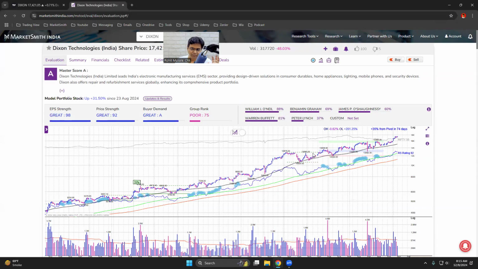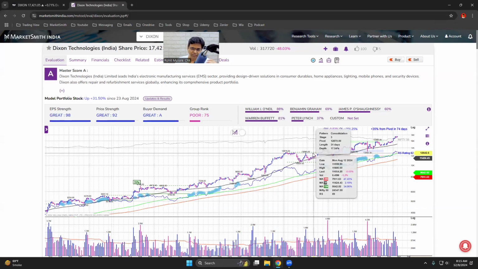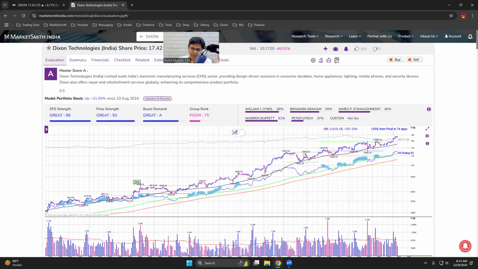That is why I consider base 3 as a valid base for this stock. That is why I say I am buying it somewhere in the middle stage. I am not buying it late and I am not buying it early. I am buying it in the middle stage of the journey of the stock. I can do base counting manually.